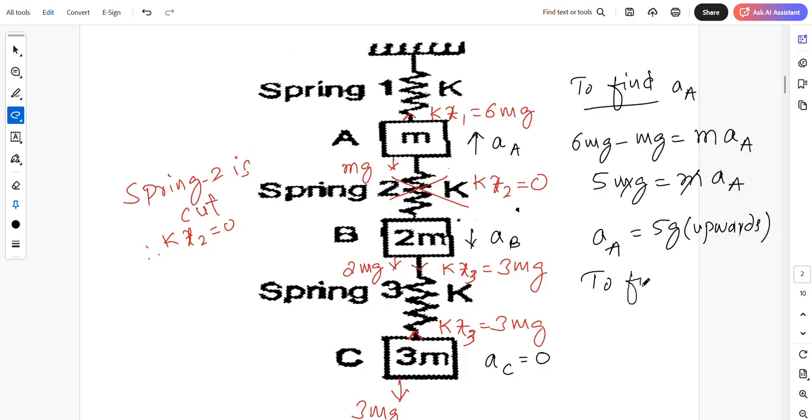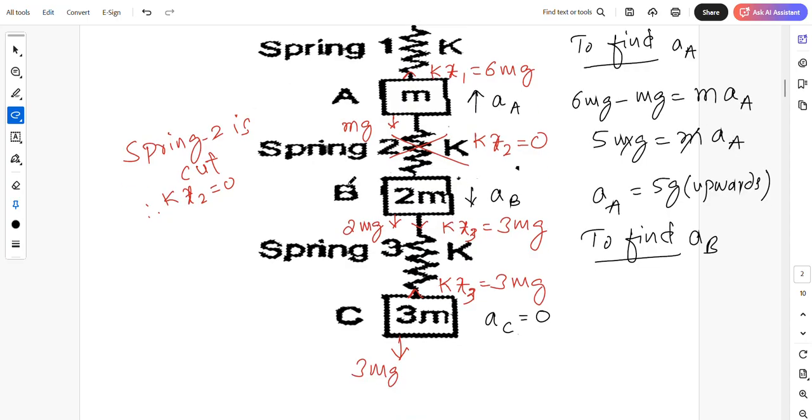To find AB, acceleration of the block P, apply Newton's law of motion for this block P. Chalane wala is 2mg plus 3mg, rokne wala nothing, is equal to mass into acceleration, 2m into AB. 5mg is equal to 2m AB. m gets cancelled.